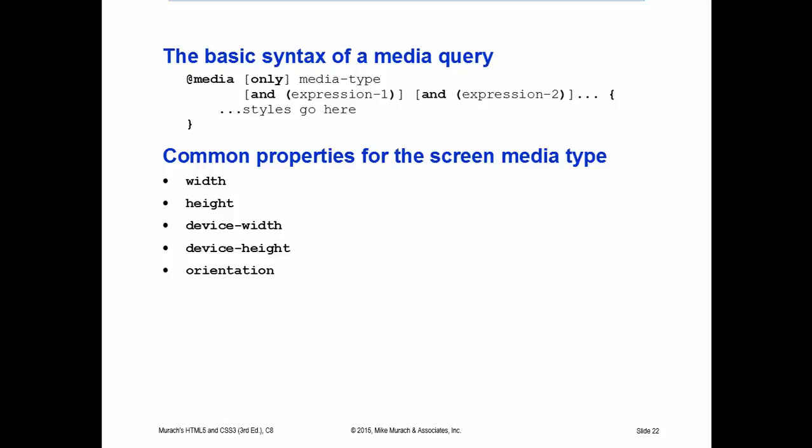Media queries are supported by all current versions of the major browsers. They're also supported by all current versions of the mobile browsers. If you include the only keyword, older browsers that don't support media queries will check the media type, but not the conditional expressions.